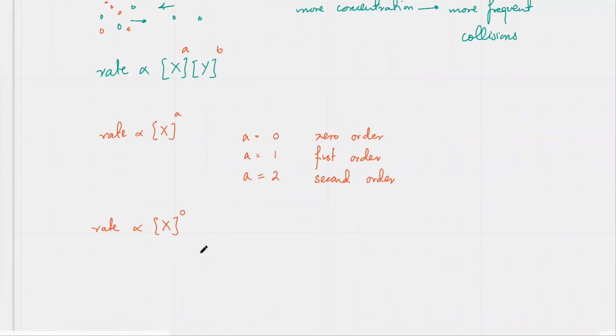So zero order means that the rate is simply not dependent on the concentration of X. It has nothing to do with the concentration of X. So if you continue to change the concentration of X, nothing would happen to the speed of the reaction.